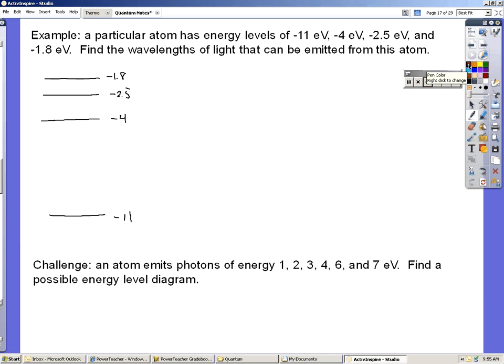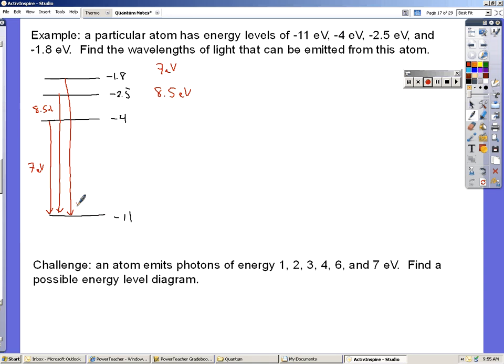And so the photons that can be emitted from this are this one, which has an energy of 7 electron volts. This one that has an energy of 8.5 electron volts.